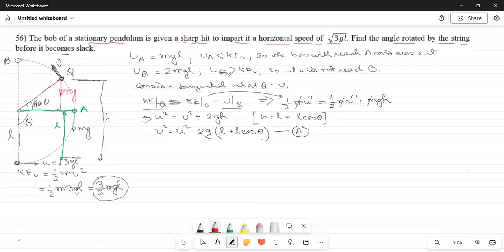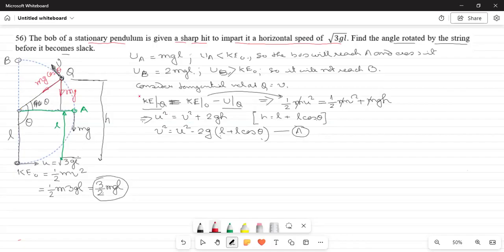So the radial component of this force is mg cos theta. Now look, this mg cos theta has to provide the centripetal force required for moving in the circle. This is very important that you must remember.